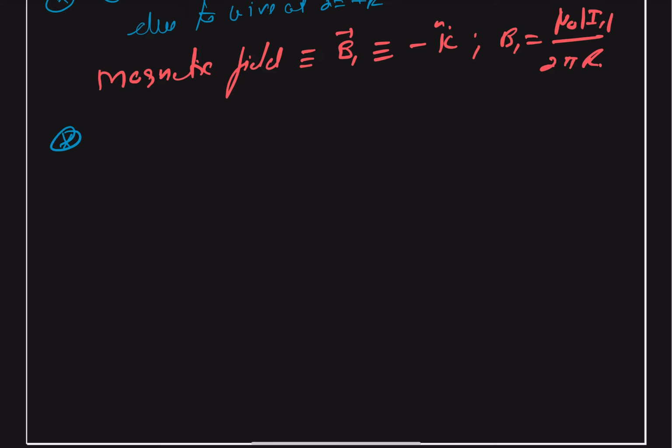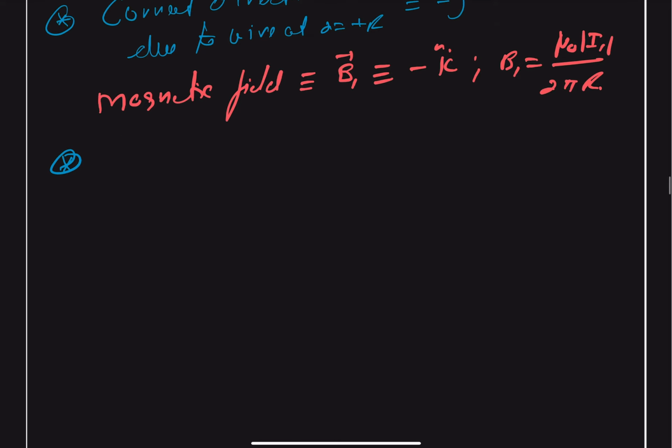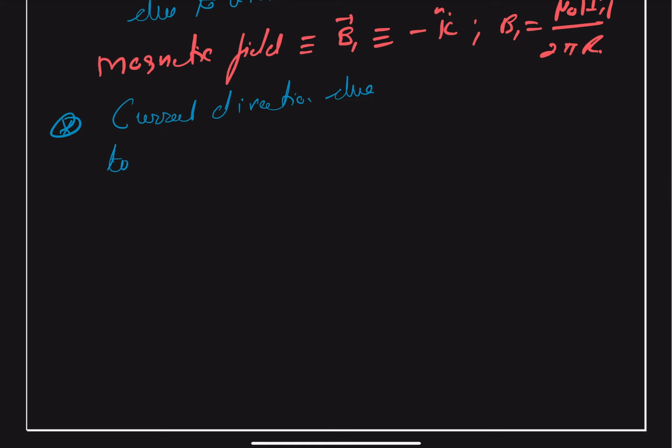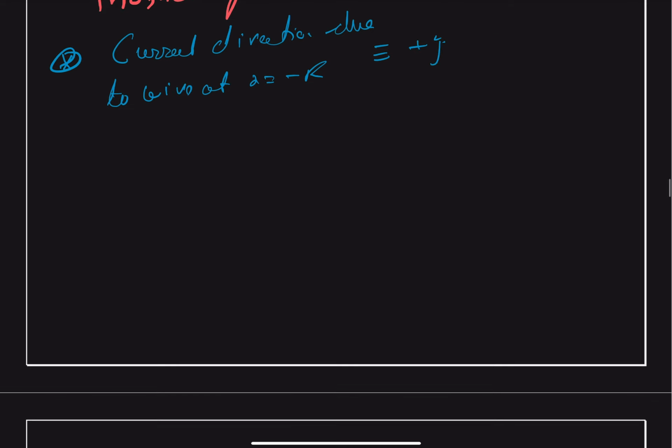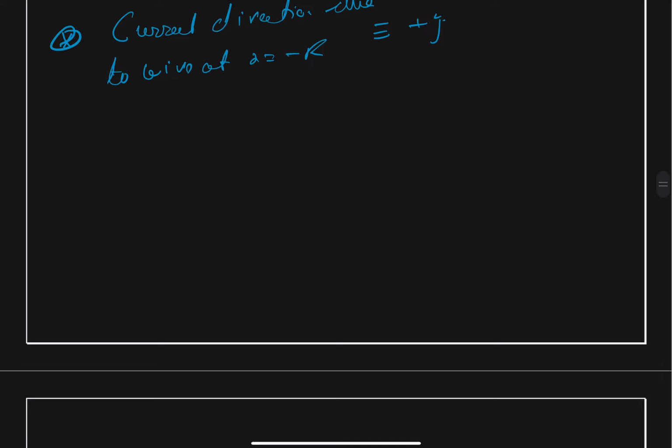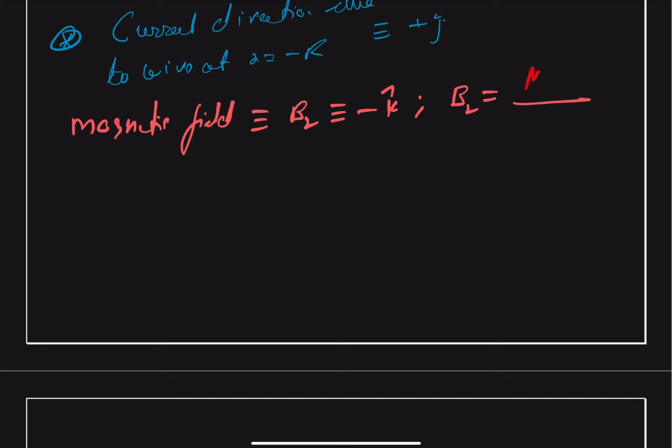Similarly, we can write that current direction due to wire at x equal to minus r will be plus j, and magnetic field, its direction of B2 will be along minus k, and our magnitude B2 will be equal to mu naught I2 upon 2 pi r.